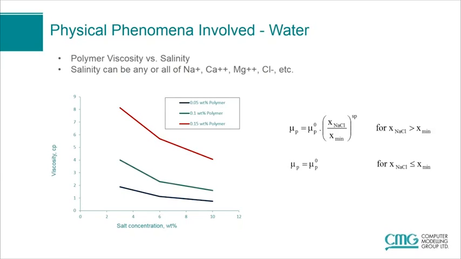So what happens is the injected salinity that the polymer is mixed with will then mix with the in situ formation water salinity, and you'll get some different salinity in the reservoir. And of course, it depends on your reservoir, your initial salinities. You might even have a salinity gradient in your reservoir. So you could have quite a complicated behavior with salinity, and like I said, it's going to change with every grid block.